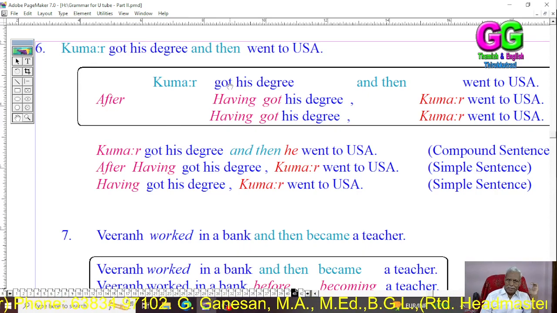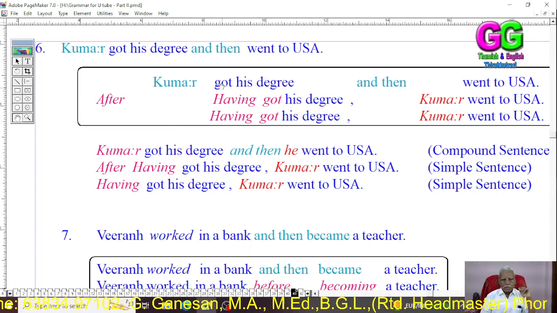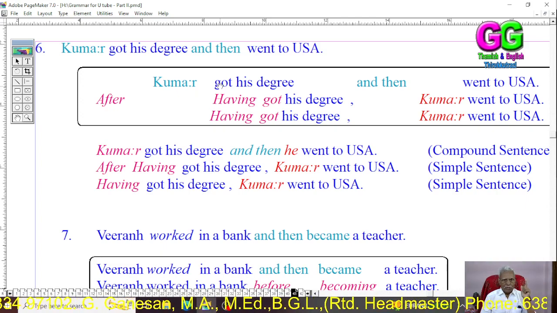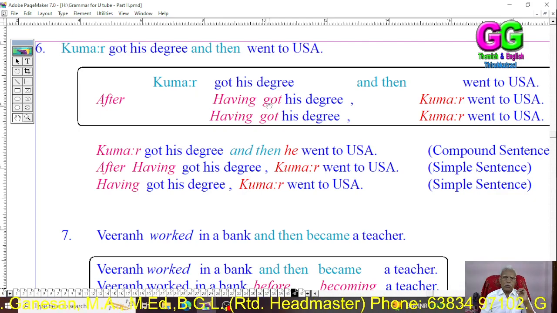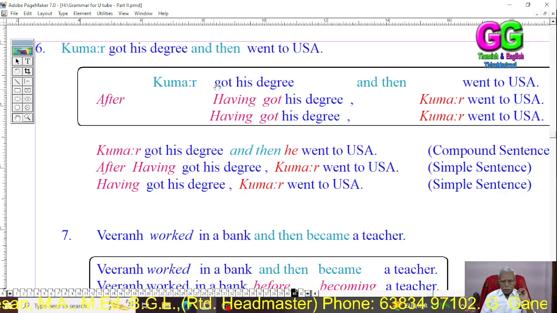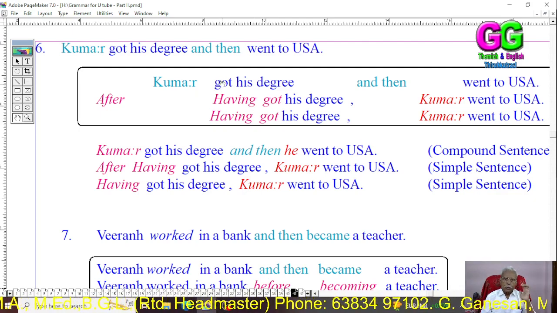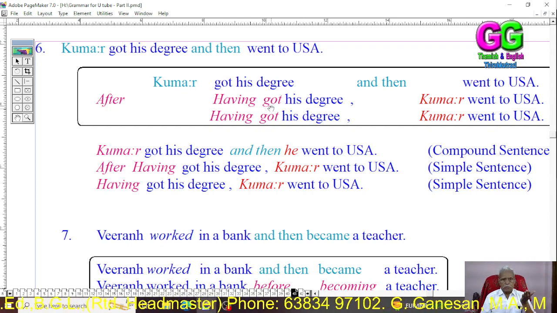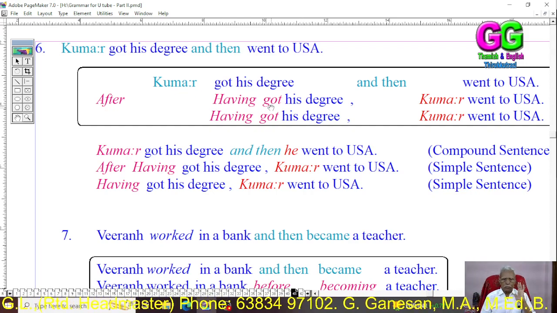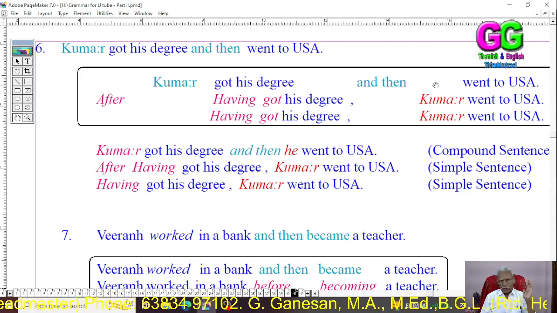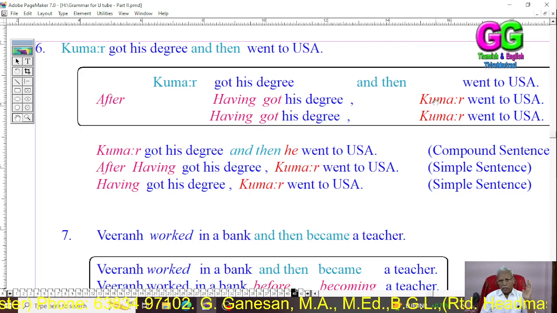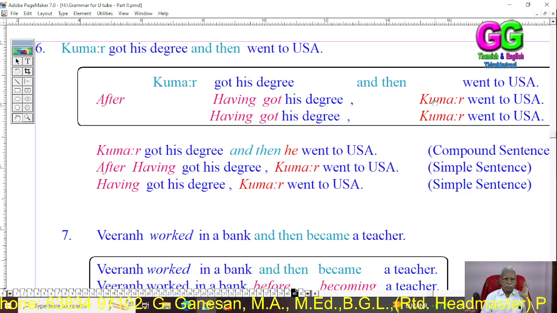Then, as I explained earlier, this past tense "got" is changed into "having" plus past participle: "having got". Then the conjunction is removed. There is no subject here, so the first subject has been brought here.